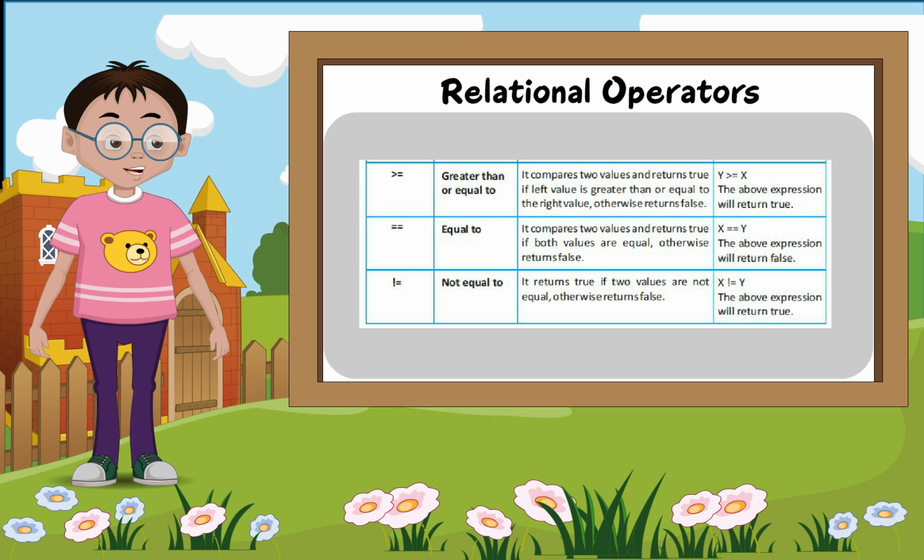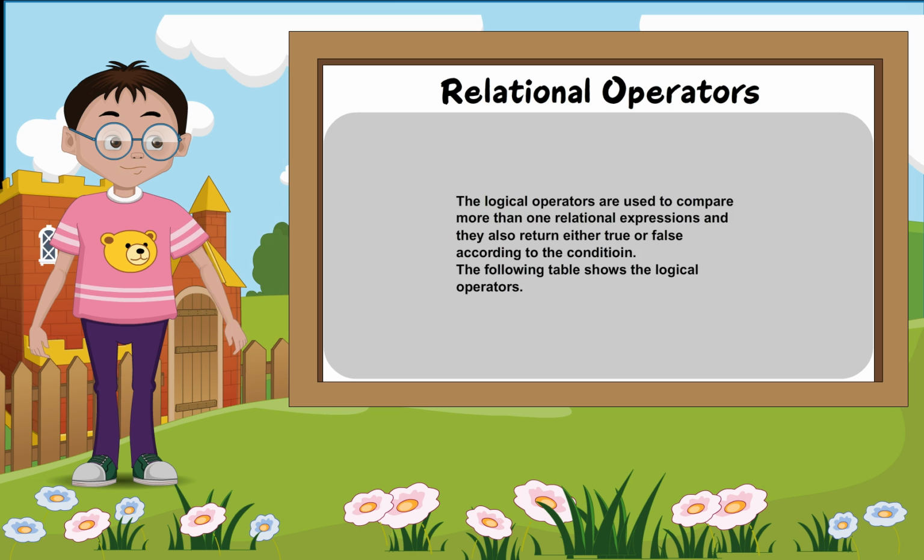The above expression will return true. Equal to. It compares two values and returns true if both values are equal, otherwise returns false. x equals y. The above expression will return false. Not equal to. It returns true if two values are not equal, otherwise returns false. x not equal to y. The above expression will return true.